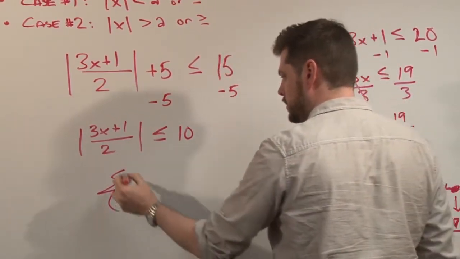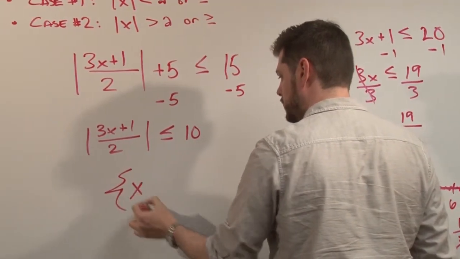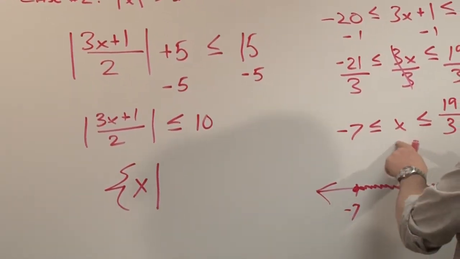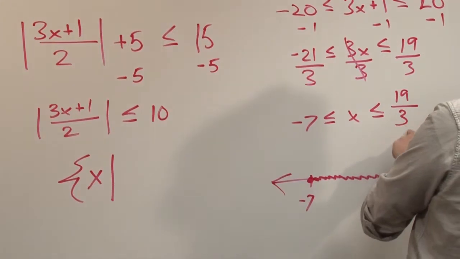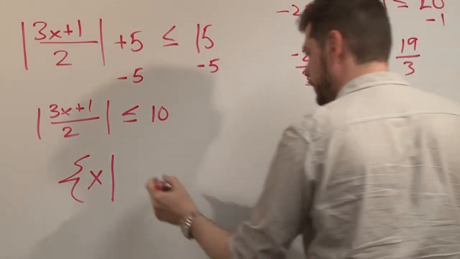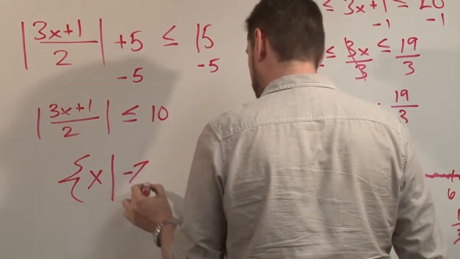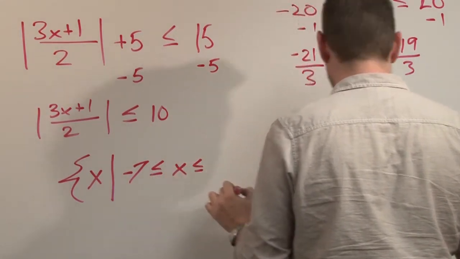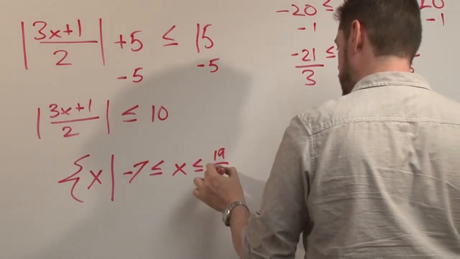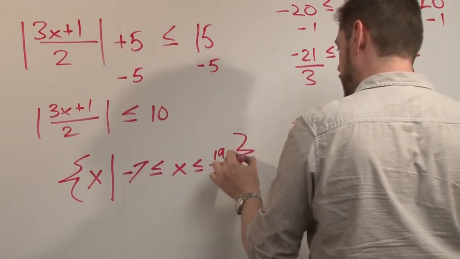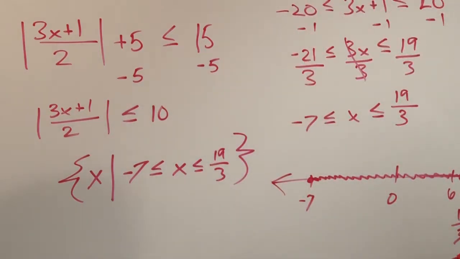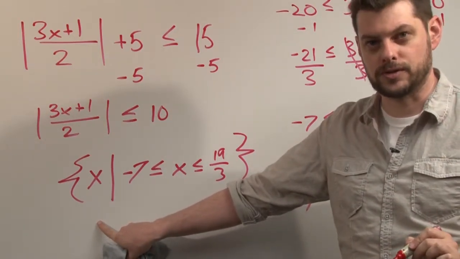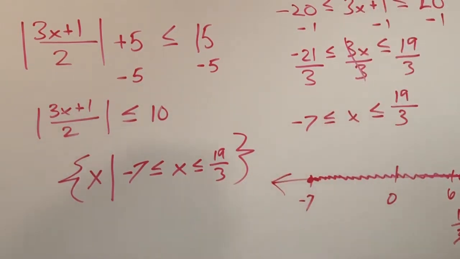Our solution is the set of all x such that x is between negative 7 and 19 over 3. This is why I like set builder notation, you don't really have to do too much more work to it. So this is the set builder notation for the solution set of our inequality.